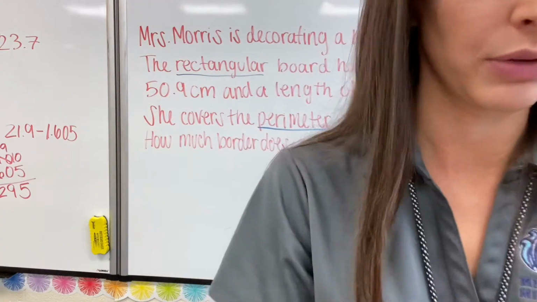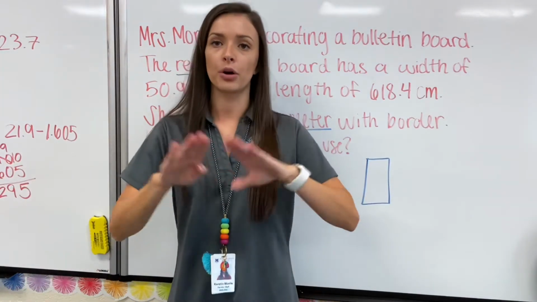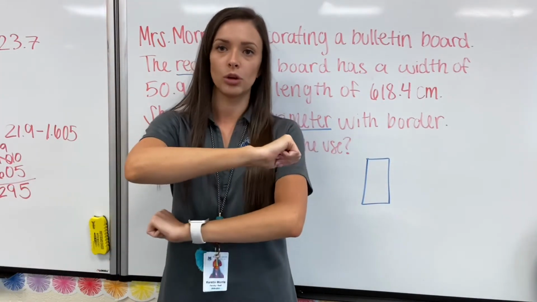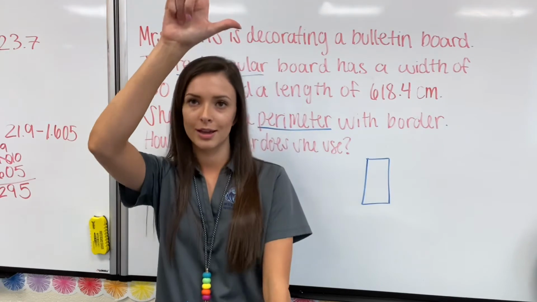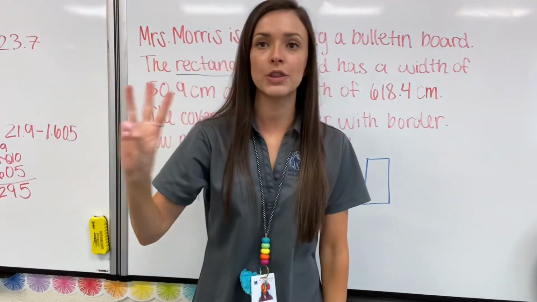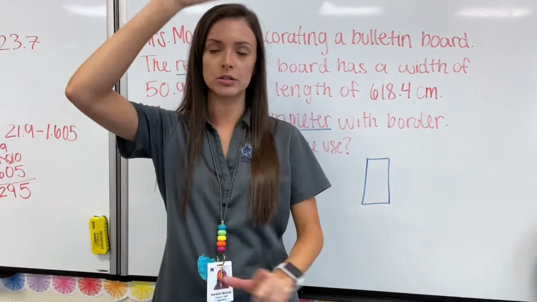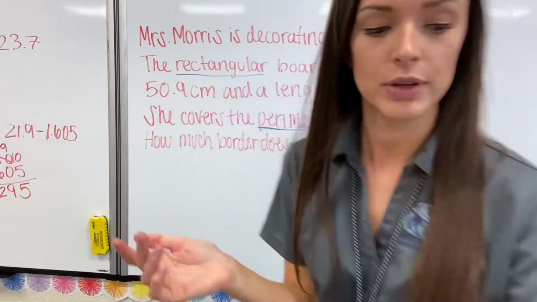Go ahead and do it with me if you want. This is the way I taught perimeter and area. Perimeter equals length plus width plus width. Let's see, it's W's and L's. So I'm going to add together all of those sides.